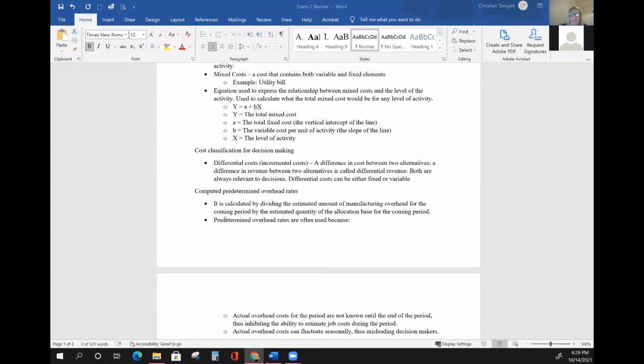Then we need to know how to compute our predetermined overhead rates. Sometimes we'll pick a number at the beginning of the period, saying this is what we're estimating as our predetermined overhead rate, and we use that throughout the period, and then we can compare it to what actually happens. Sometimes we may overestimate and our actual costs are lower than what we estimated, and sometimes it's the reverse. Sometimes we have more actual costs than what we predetermined.